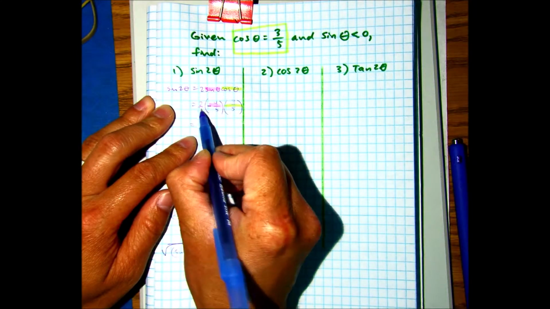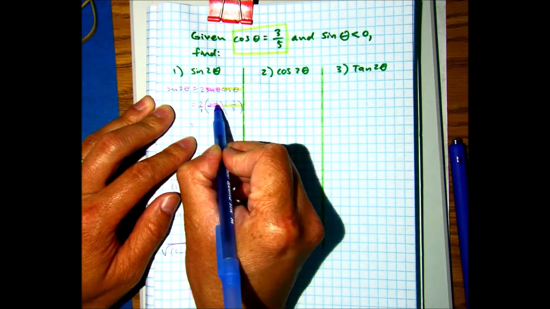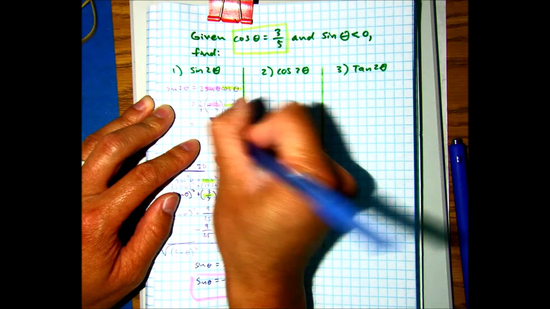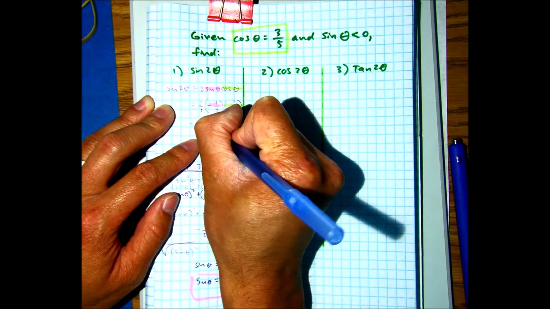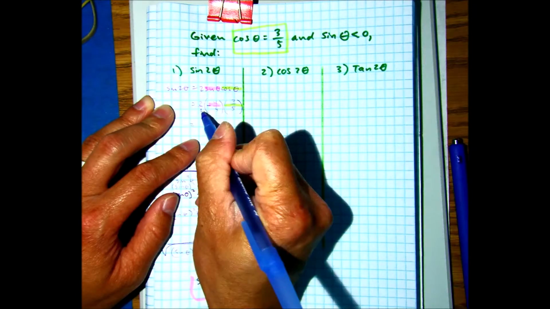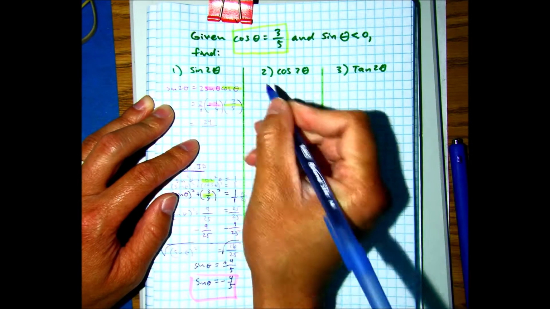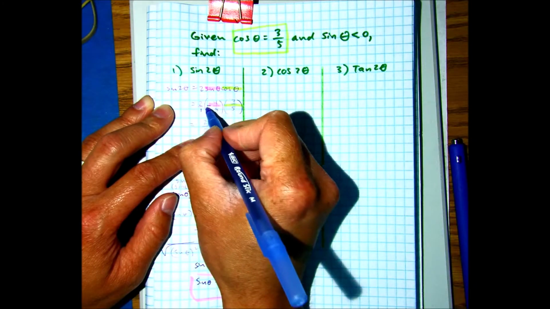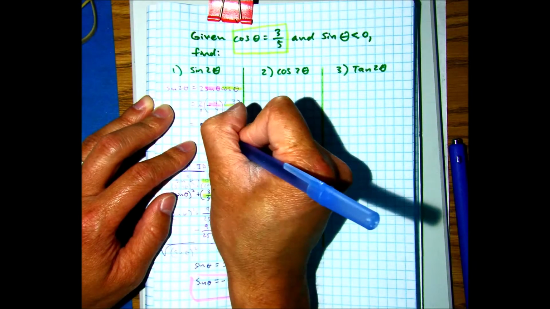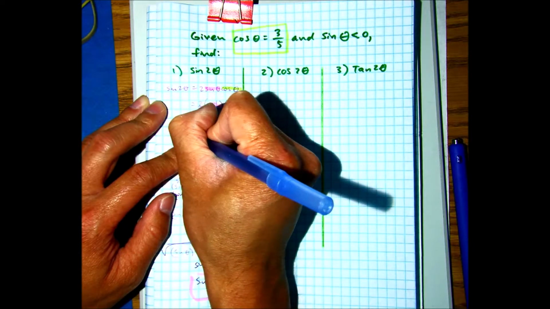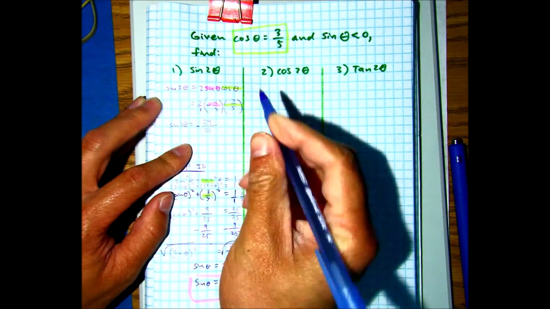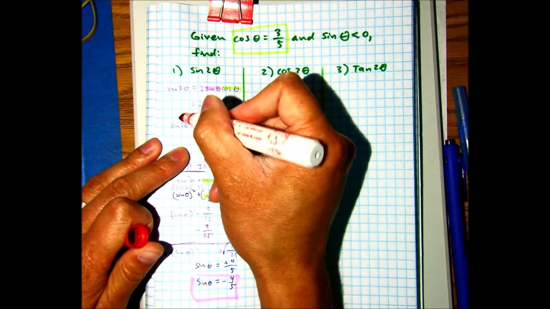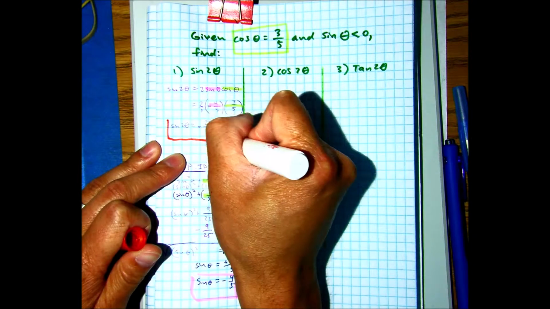Put the 2 as a fraction. 2 times 4 is 8, times 3 is 24. And 1 times 5 times 5 is 25. And positive times a negative times a positive is negative. The double angle of sine is equal to negative 24 over 25. That's not that bad.